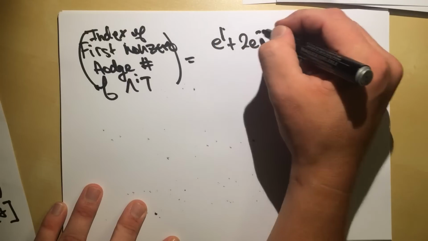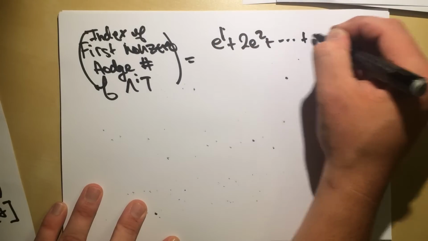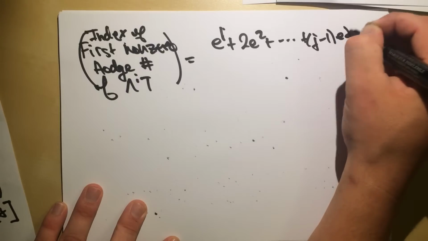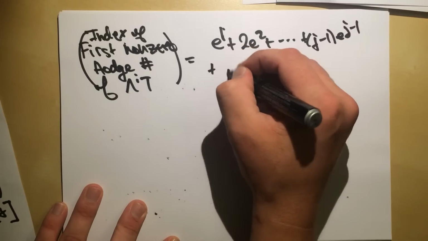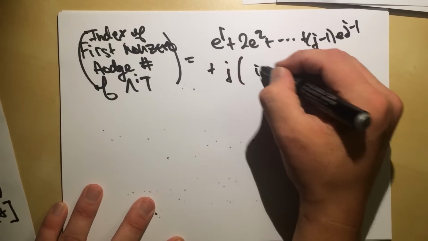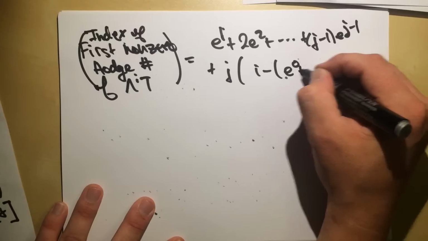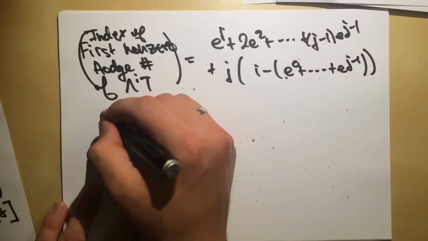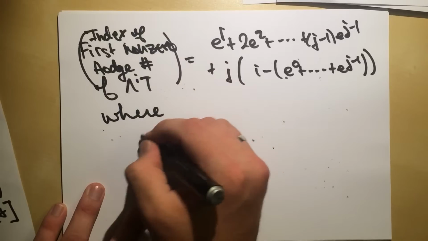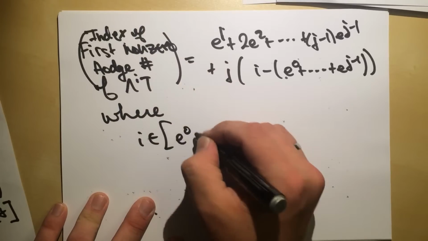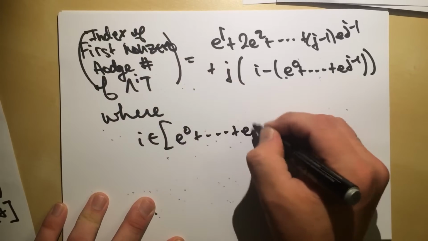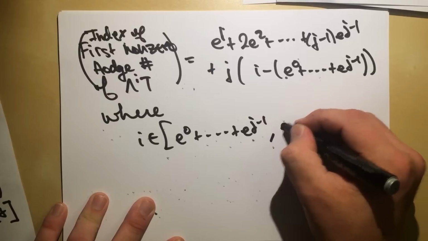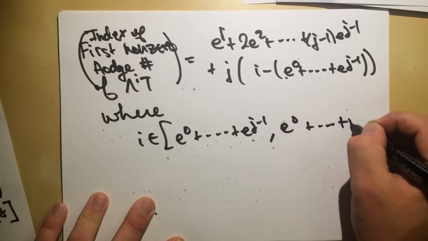Sorry, E1 plus 2E2 plus (j minus 1) E_{j-1} plus j times (I minus e0 plus e_{j-1}), where I was in the interval between the (j minus 1)st interval and the jth interval.